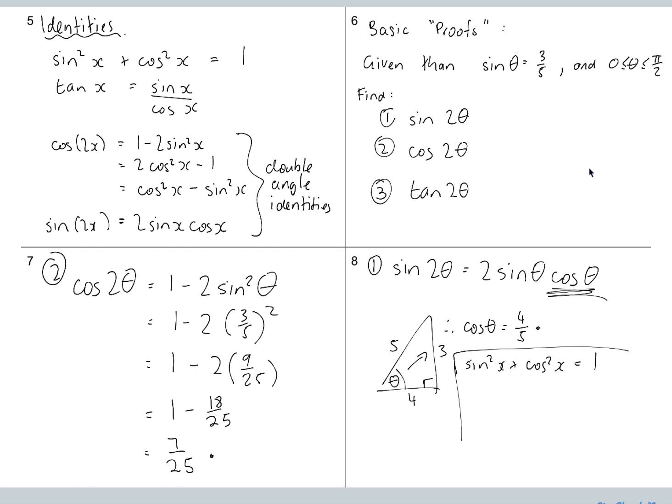So we end up with 3/5 squared plus cos squared theta is equal to 1, which means that cos squared theta is equal to 1 minus 9/25, which equals 16/25. So therefore, if I square root both sides, cos theta is equal to 4/5. It gets me there as well.